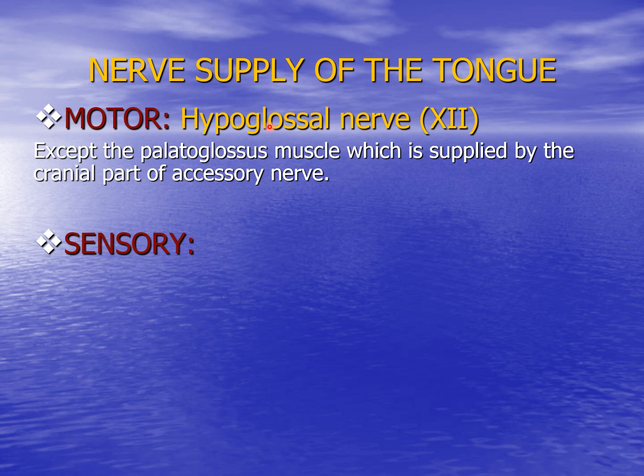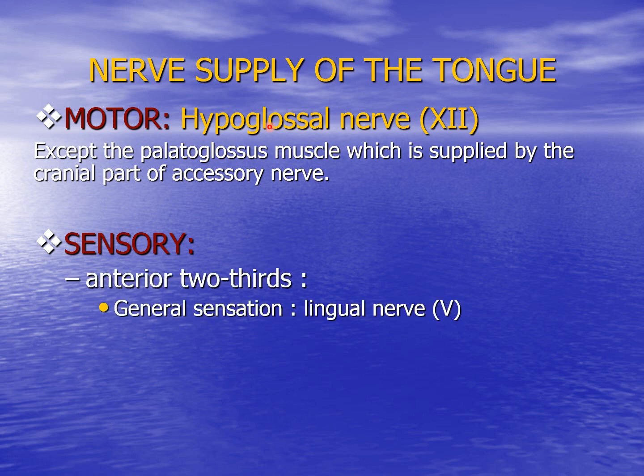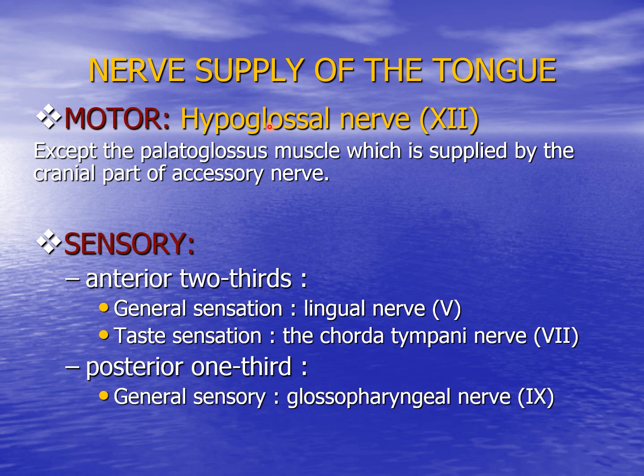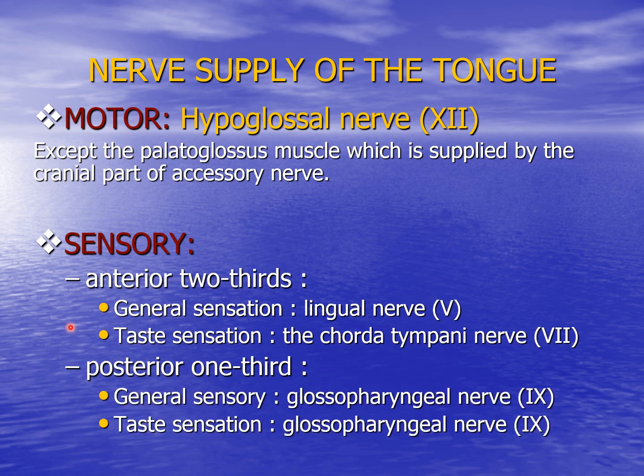Sensation is different. We have two parts of the tongue, the anterior 2/3 and the posterior 1/3. For the anterior part of the tongue, the general sensation is from the lingual nerve, but the taste sensation is from the chorda tympani nerve.